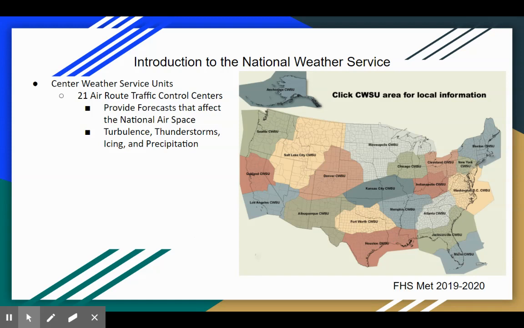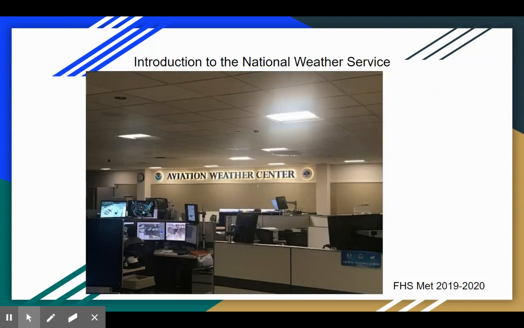These aviation centers also collect data from the pilots themselves. If the pilots experience turbulence in their flight, they will relay that message back to these centers, and the weather service units will then put those within the forecast for future flights by pilots.